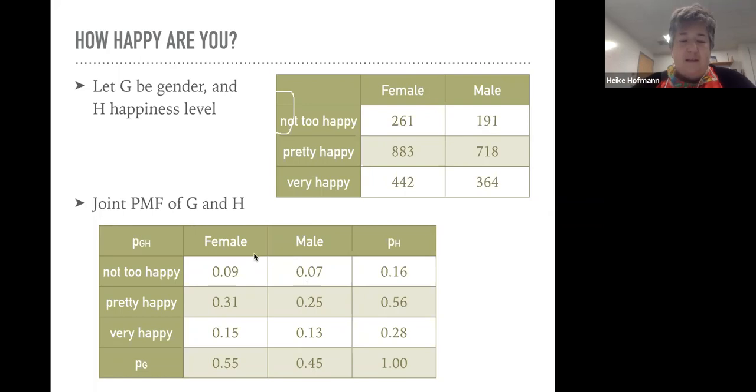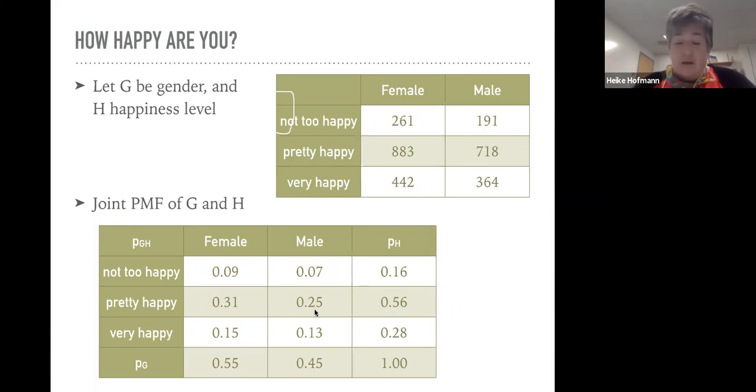That gives us the joint probability mass function in here. So 9% of women reported to be not too happy, 7% of men did so. 31% of women reported to be pretty happy, 25% were men reporting to be pretty happy.